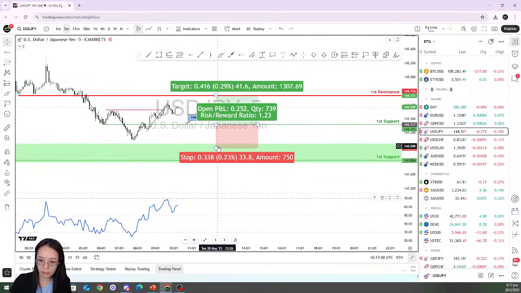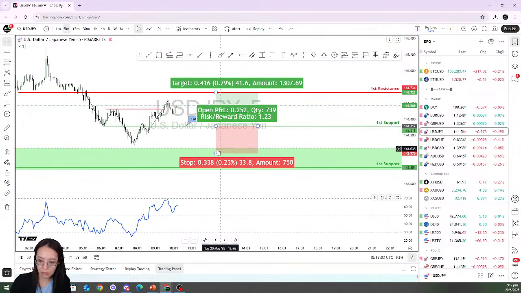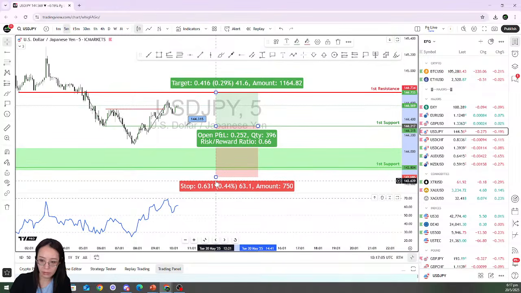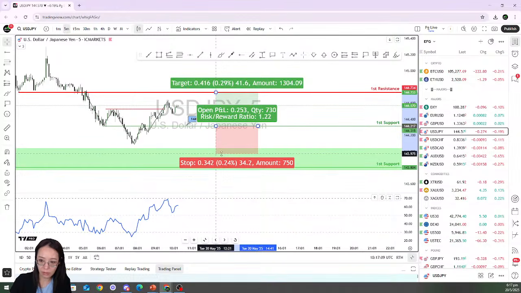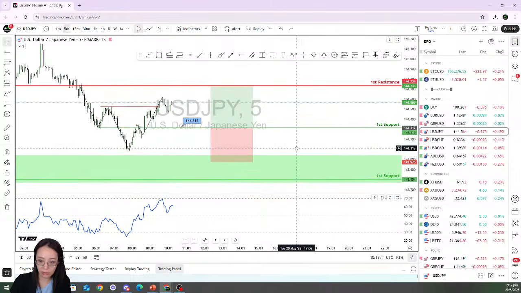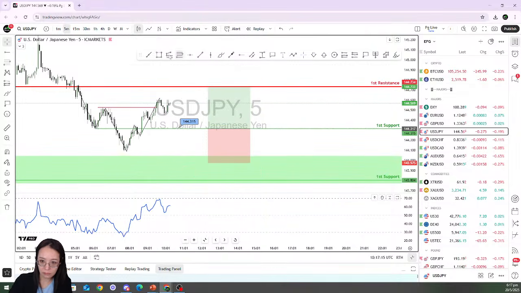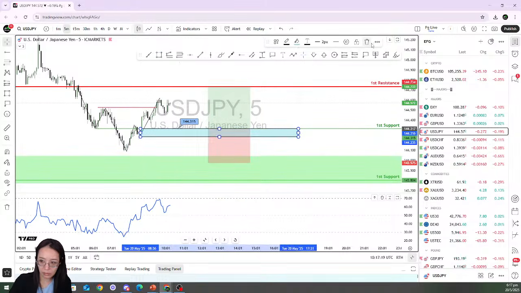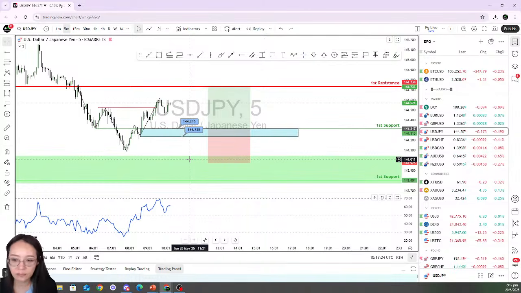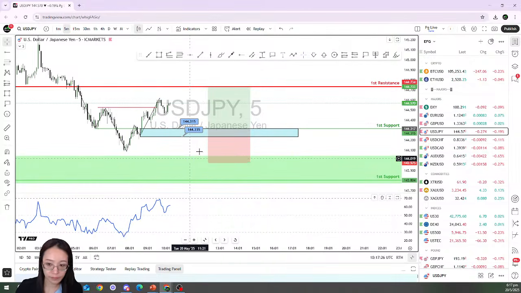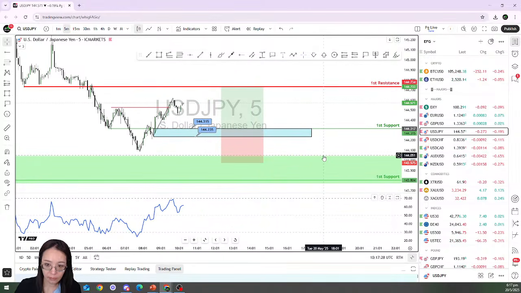But if you can hold, you can put it here. It's up to you, okay? I don't have a fixed stop loss, it depends on your lot size, depends on your capital, okay? But this is gonna be the entry somewhere around here. I give you the zone for M5, okay? Just a few pips. This is the one.